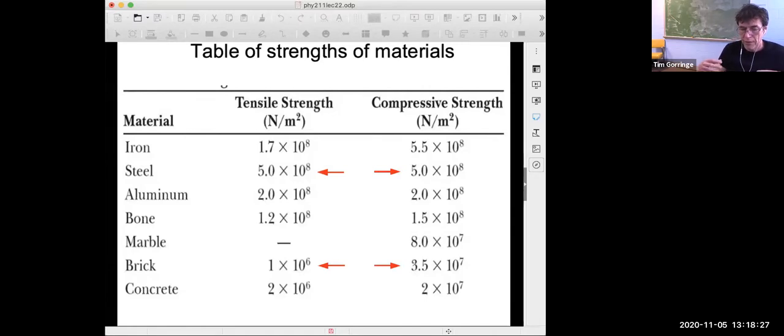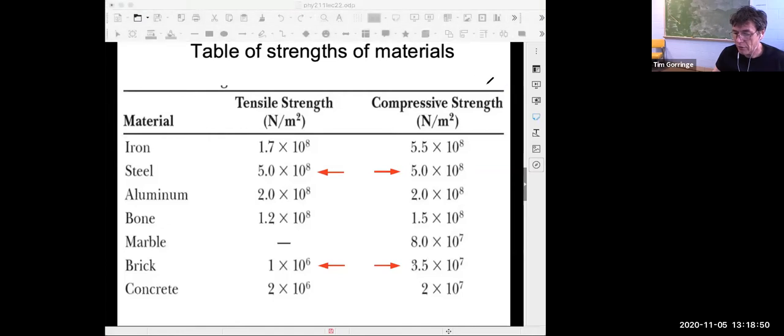And the maximum stresses that the nylon rod will break at, or the steel rod will break at, if they're compression stresses, then the maximum stress is called the compressive strength.